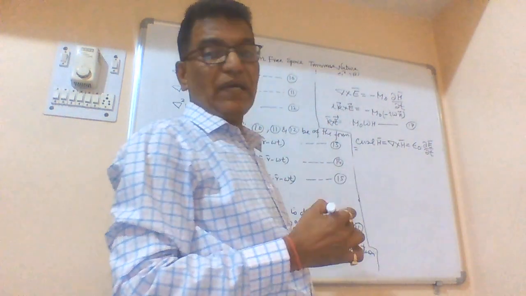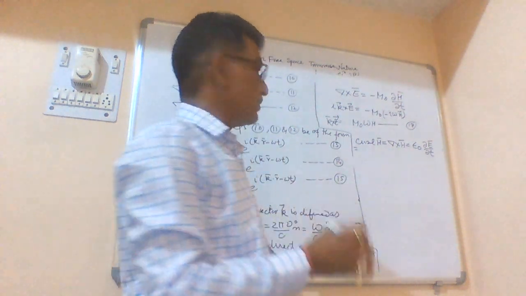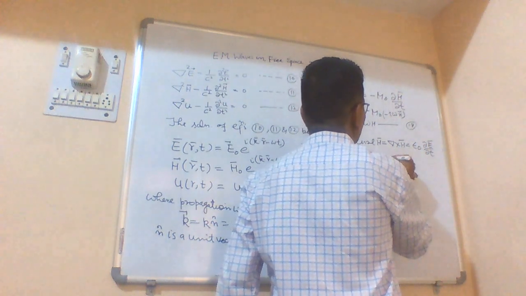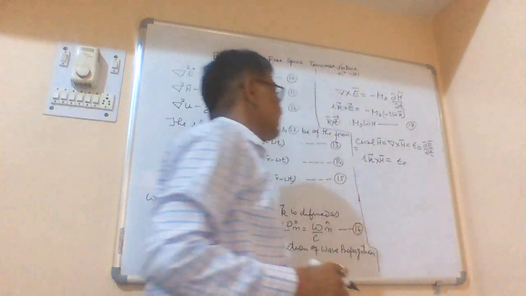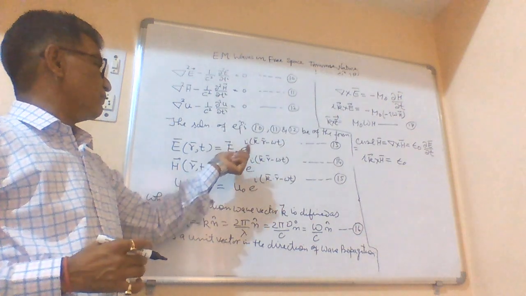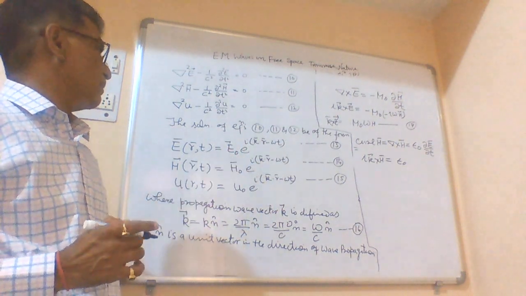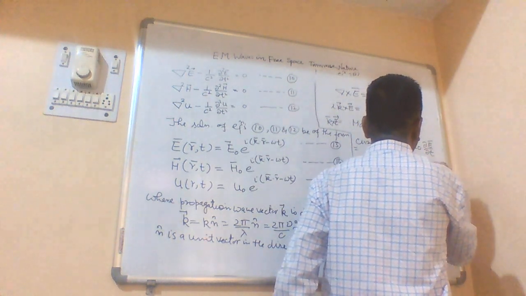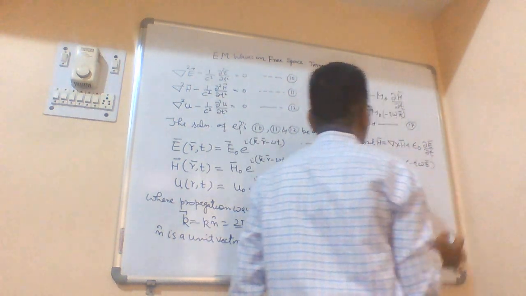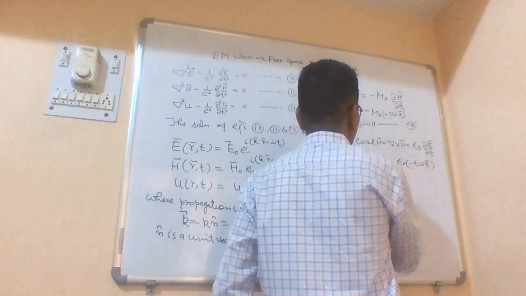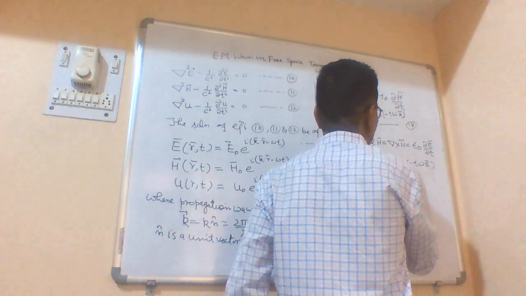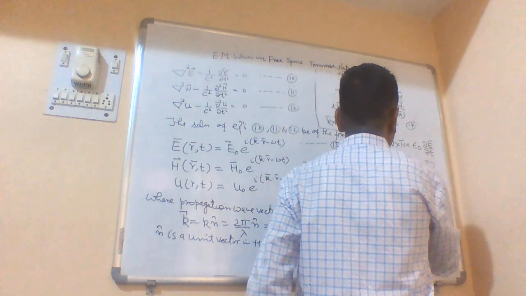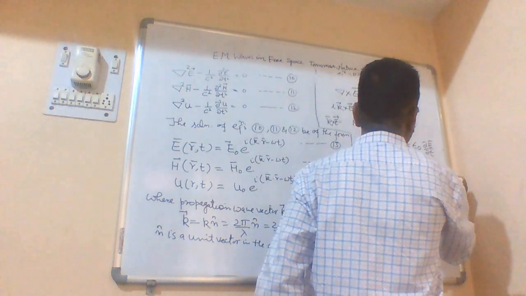So del cross H as usual, i k cross H is equal to epsilon naught delta E by delta t, which gives minus i omega into E vector, or k cross H is equal to epsilon naught omega E. This is your equation number 18.